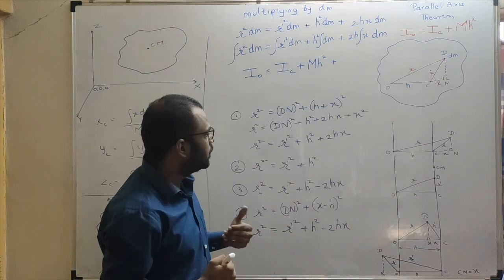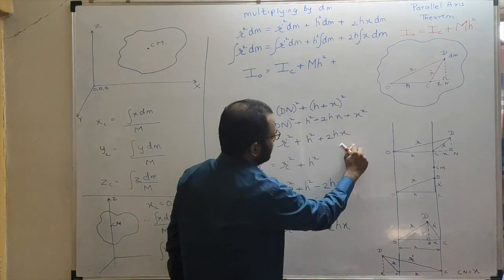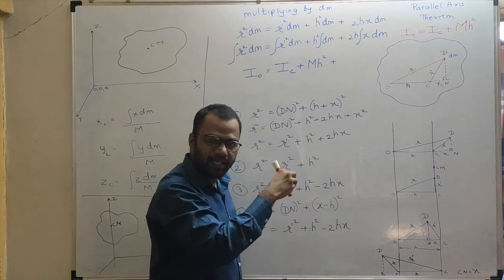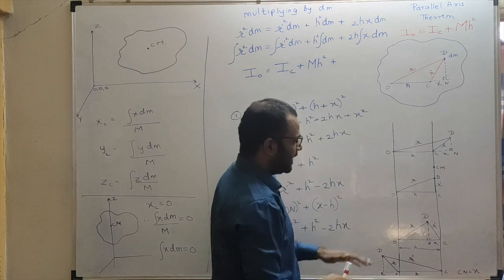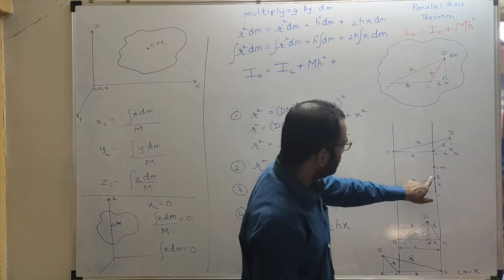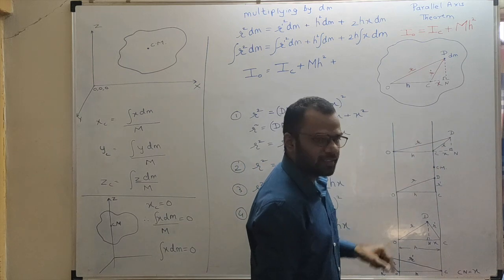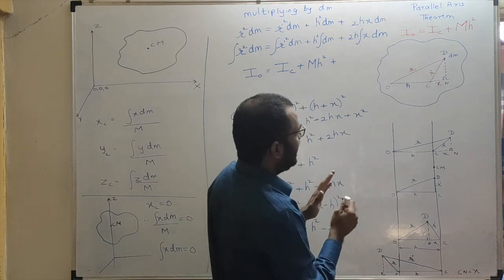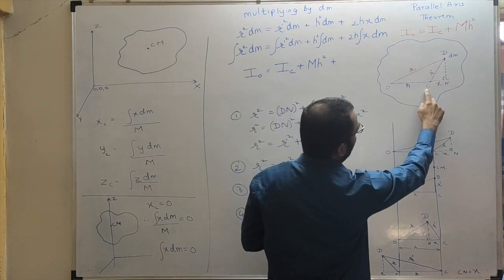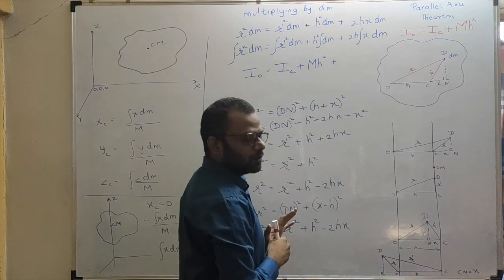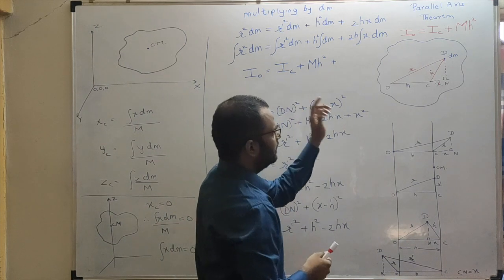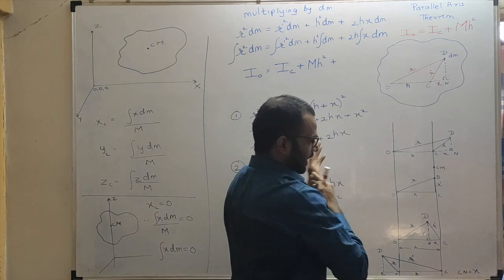So I want to show you that we will get this equation always, even if the particle is anywhere. For example, if the particle is over here, exactly behind C, there won't be any x distance. X is what distance? X is the distance from the point C to the point N, or x is the distance from the axis passing through the center of mass in this direction.